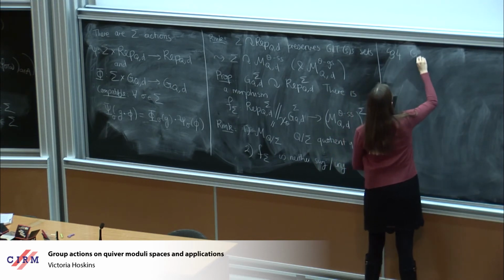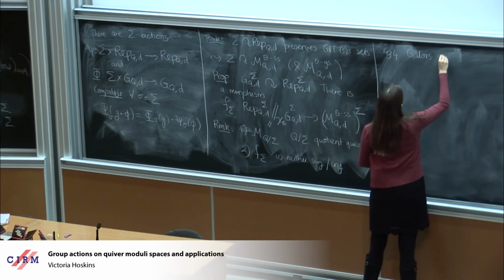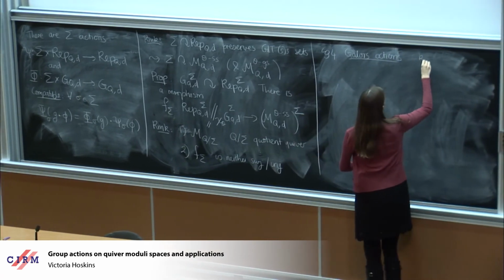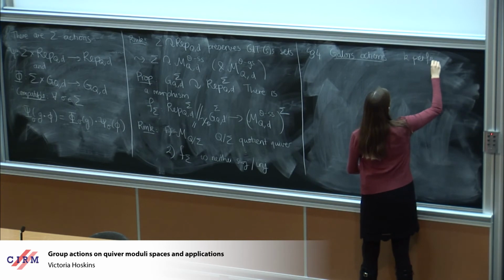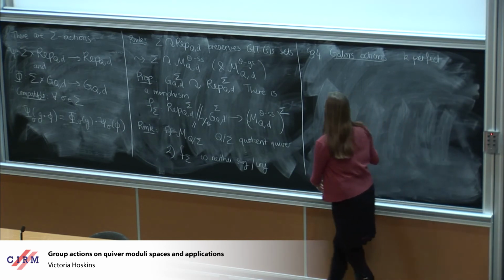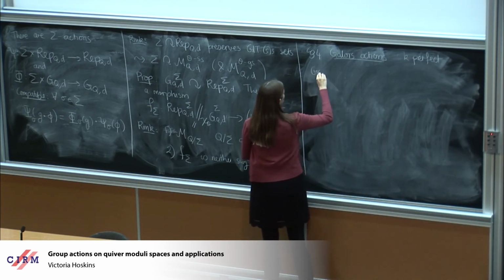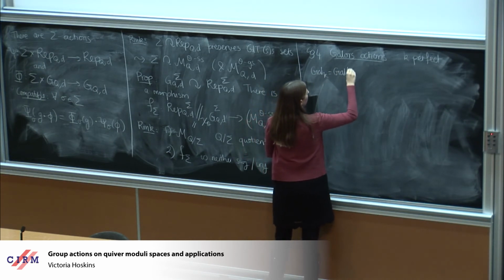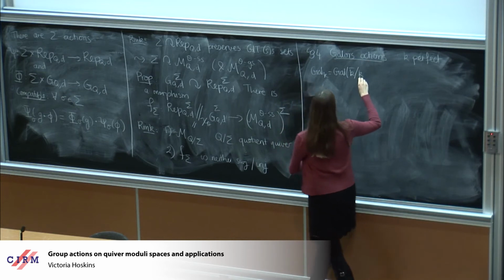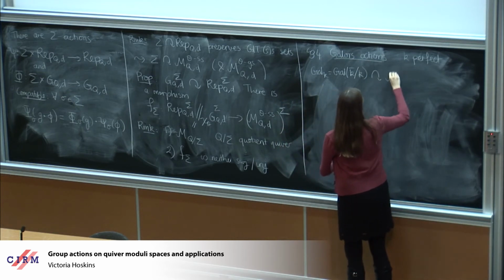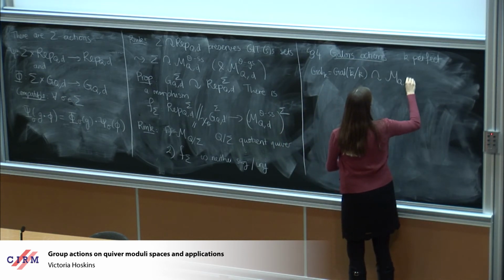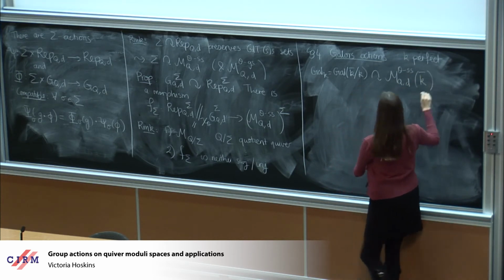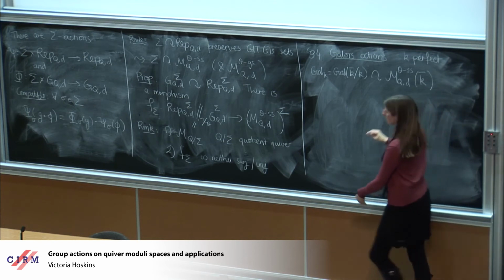Okay, so let me describe the Galois actions. I'm going to assume throughout that K is perfect. And I look at the action of the Galois group of K bar over K acting on the K bar points of this moduli space.